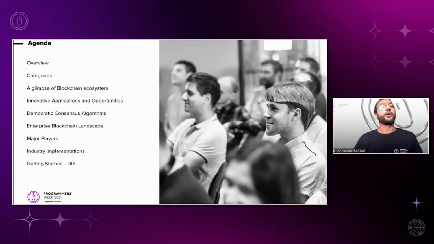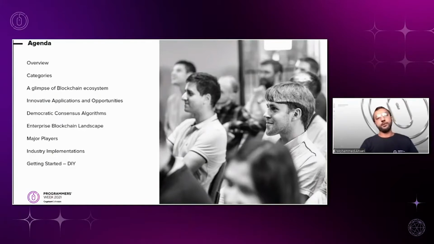So this is what we are going to cover today. We are going to start with a basic overview of what a blockchain is. And then we would cover the categories of blockchain later on in the discussion. We would have a look at the ecosystem revolving around the blockchain technologies, the various different things that we hear about in the day-to-day life.